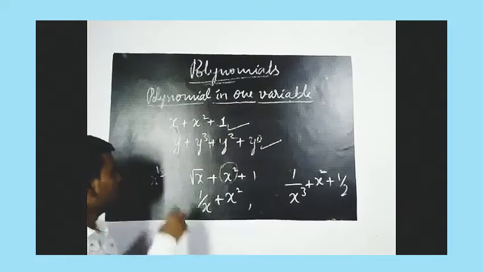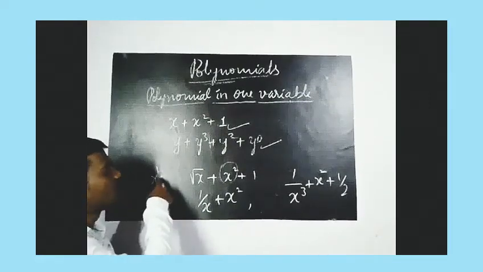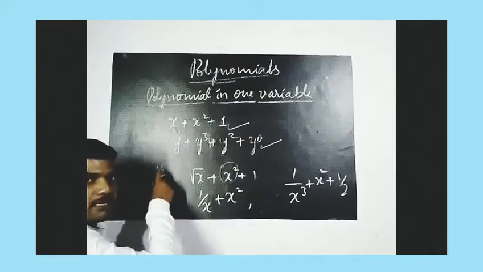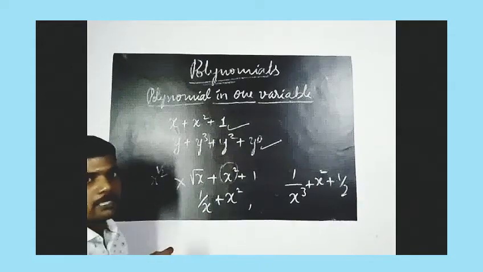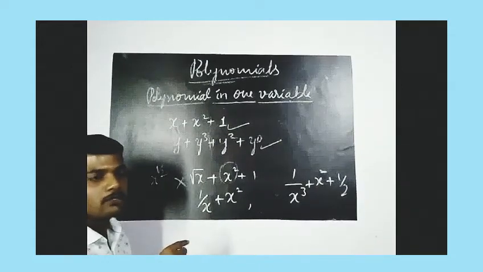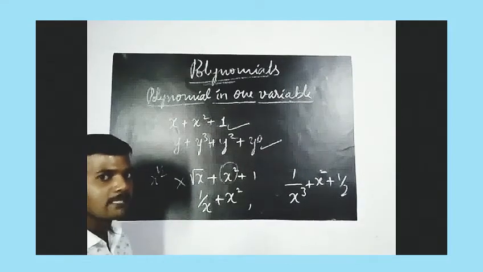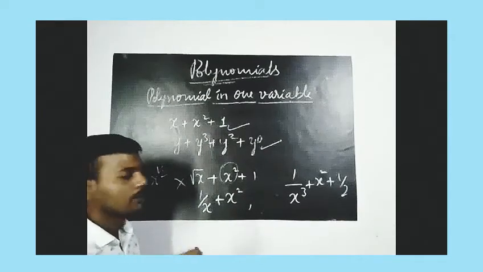Here it can be written as x to the power half. So it is not an integer, not a positive integer; it is a rational. So this is not a polynomial. If the algebraic expression satisfies the non-negative integral exponents property, then only we say that it is a polynomial.